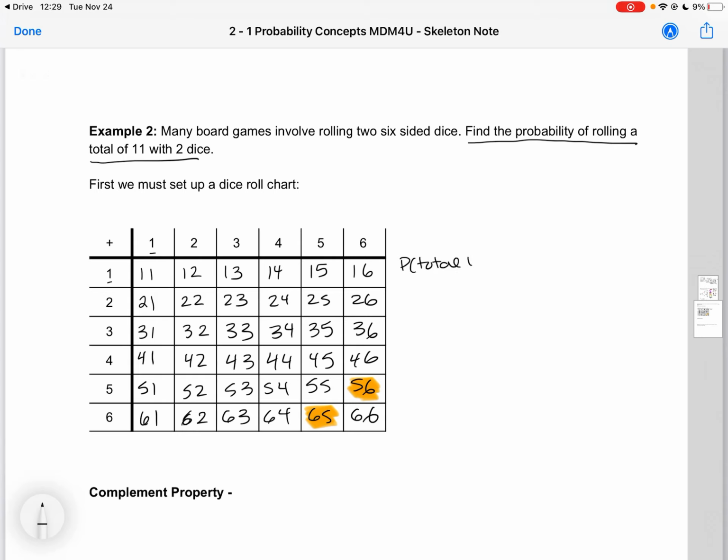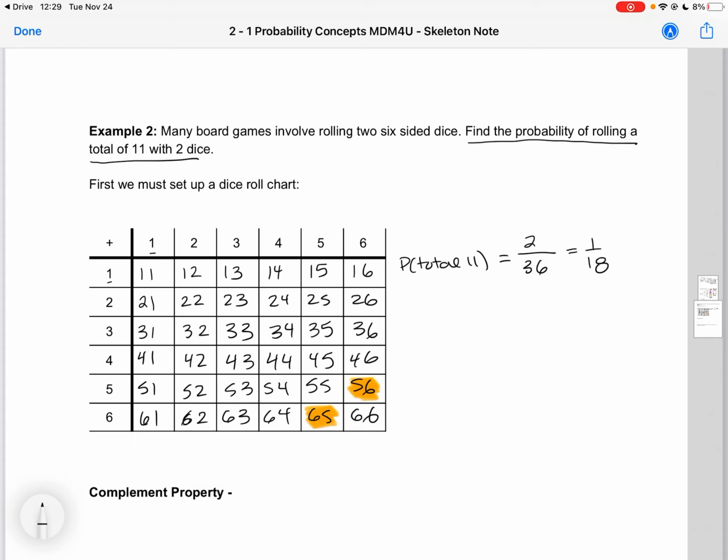So that means that my probability of getting a total of 11 is my number of outcomes that give me 11 over the total number of outcomes from rolling 2 dice. So which would be 36 possibilities, which would give me a total probability of 1 over 18.